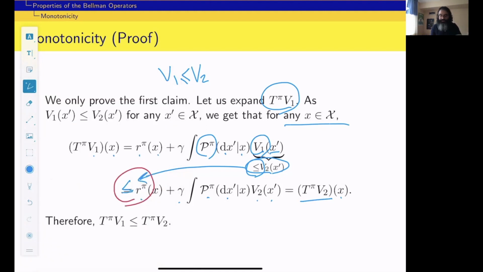T pi V1 at x is smaller than or equal to T pi V2 at x. Because this is true for any x, we can say that T pi V1 is smaller than or equal to T pi V2. Is this clear? Okay.